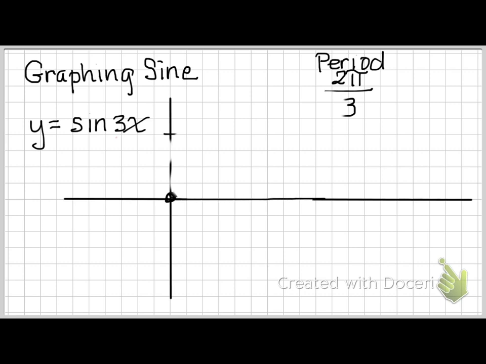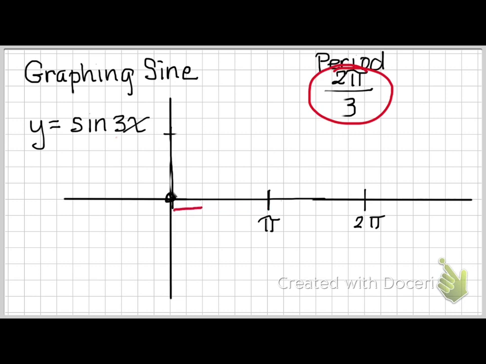All right, so let's see what that's going to look like graphically. Notice I've changed my scale on the x-axis. So I need to get a cycle to happen in 2 pi over 3, 2/3 of pi. So let's look at our scale here. There's pi. Now what's 2/3 of pi?